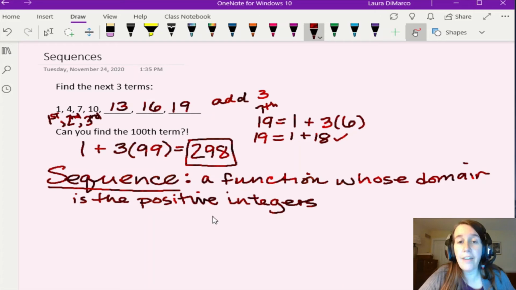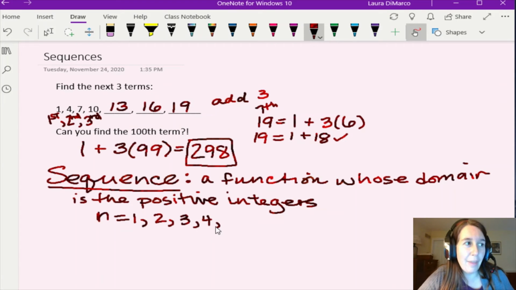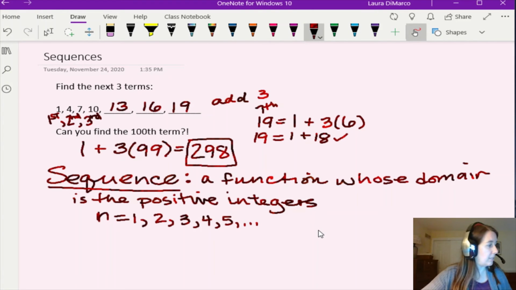It doesn't mean that every sequence will have all the positive integers in them. No, definitely not. What it means is that the function will be defined using basically a counter, the nth term. The first term will be n equals 1. The second term will be n equals 2. So the numbers that we're plugging into the function will be the positive integers, okay? And that's what makes it a sequence.